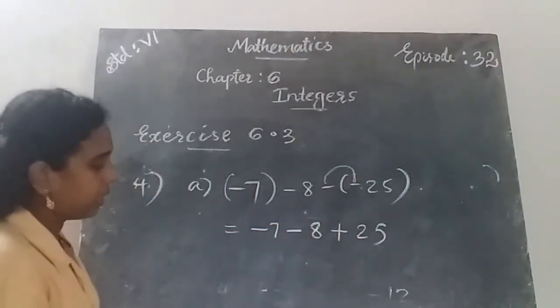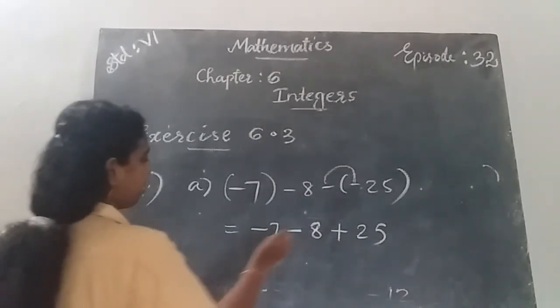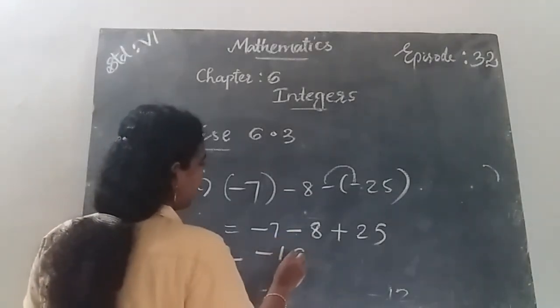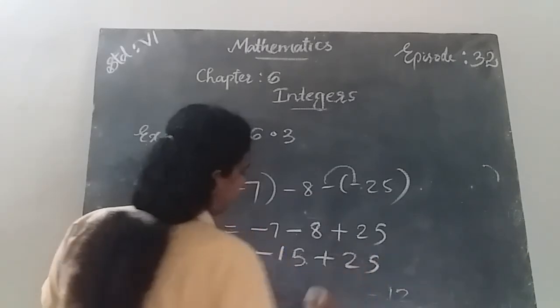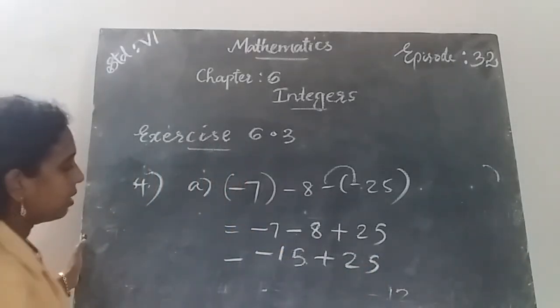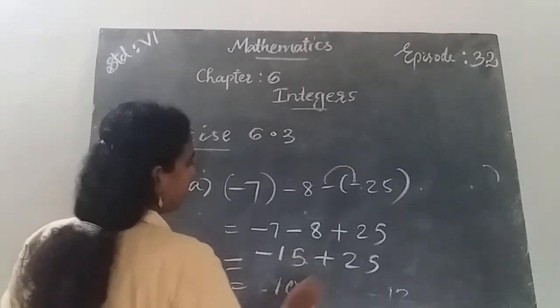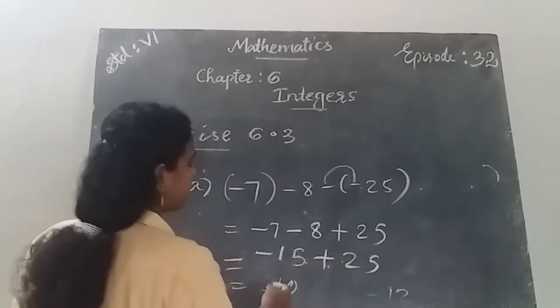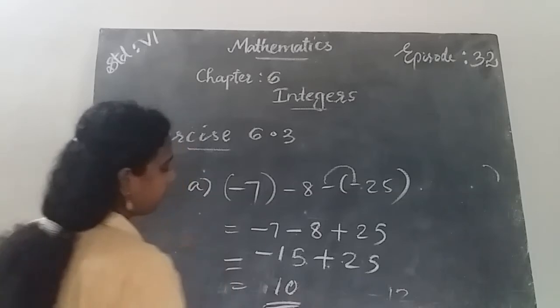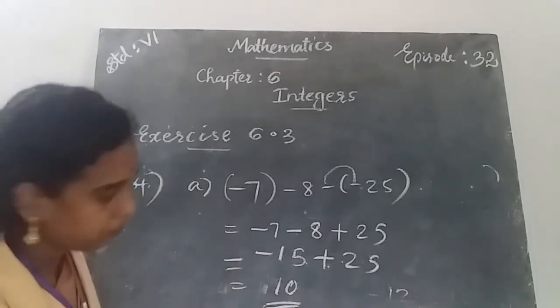Then we get negative 7 minus negative 8, we get negative 15 plus 25. We get the answer equal to 25 minus 15, 10, and the sign of 25 is positive. So we get positive 10. Okay.